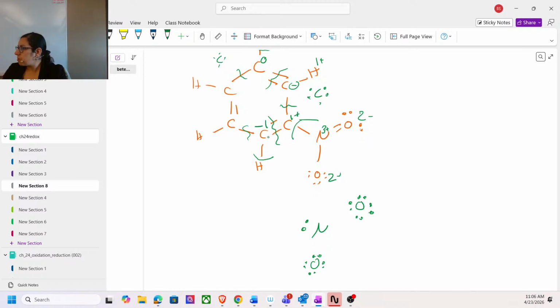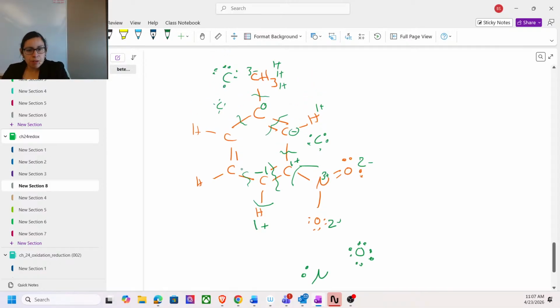It's negative 1 for that carbon, plus 1 for hydrogen. Then we see this repeated. Same thing, split our carbons, 1, 2, 3, 2 for hydrogens. So 1 plus on hydrogen, 1 minus on carbon. Same thing up here: 1, 2, 3, 1, 2, so there's 5, so 4 minus 5. Negative 1 on that carbon again, and plus 1 on that hydrogen.